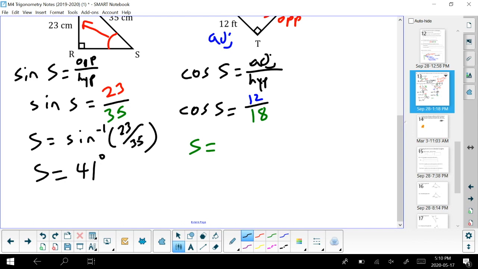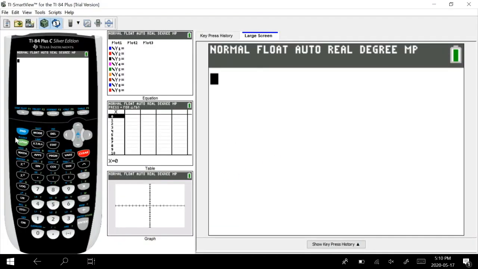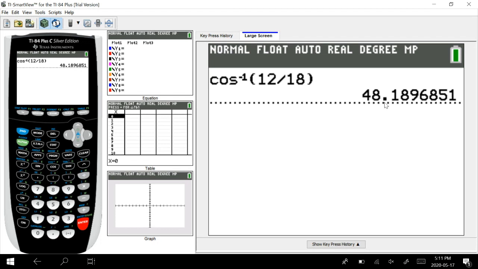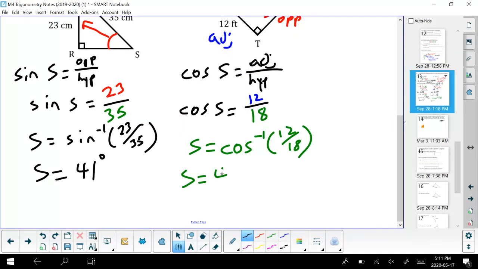So the measure of angle S is equal to the inverse cosine of 12 over 18. Let's punch that into the calculator. Second cosine 12 divided by 18, close off the bracket, is equal to 48.1 degrees. Let's round that to the nearest whole number, so the measure of angle S is equal to 48 degrees.